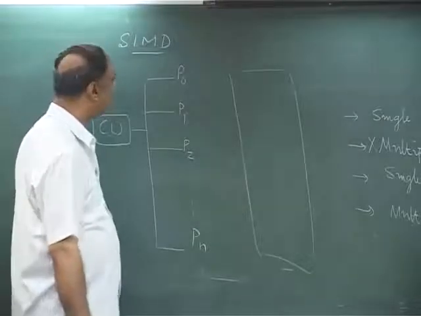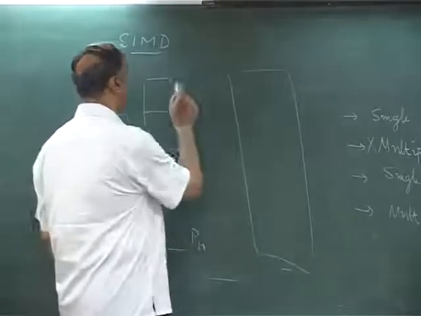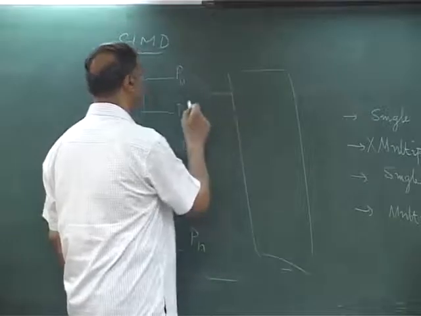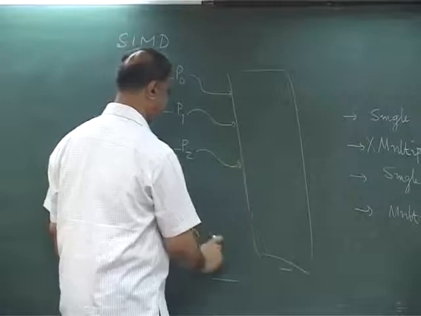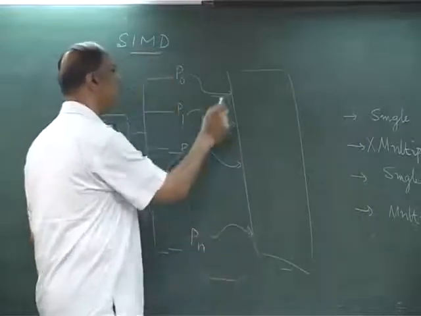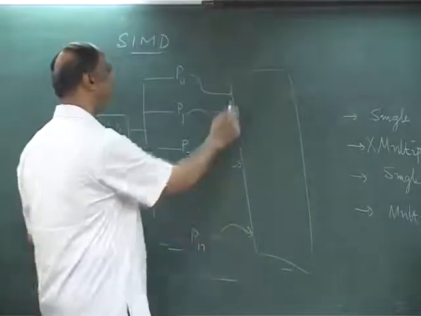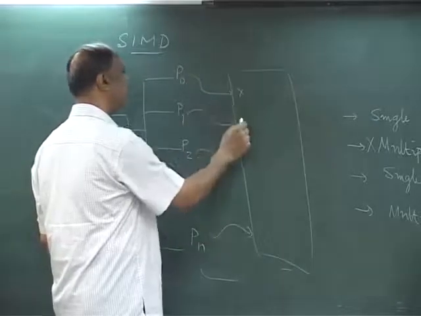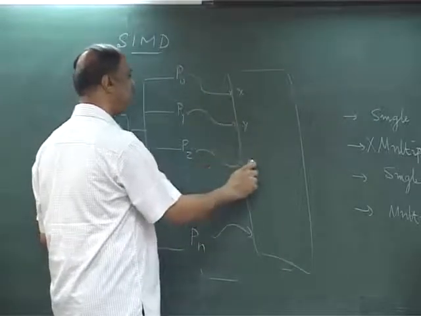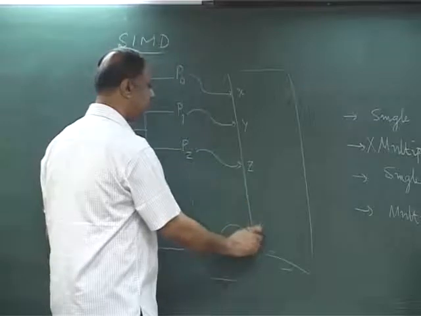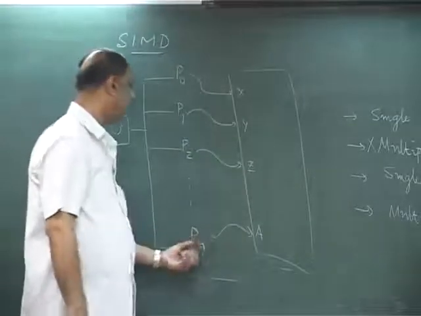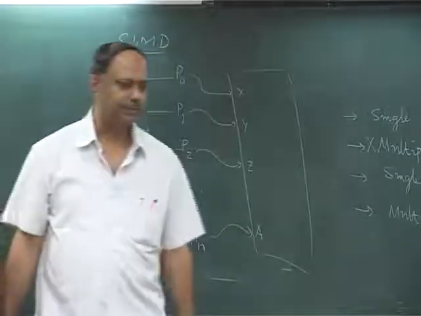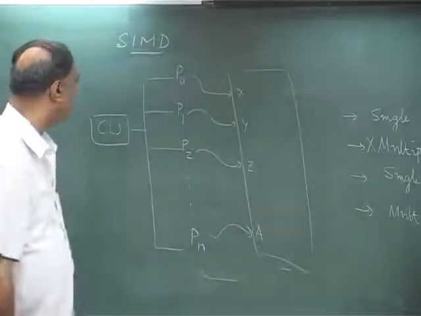Here the data may be in different locations. While P0 is getting the data from location X, P1 may be from location Y, this may be from Z, this may be from A, and they perform the operations and send the data back into the common memory or the local memory.